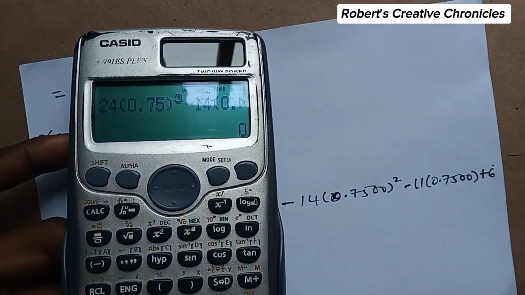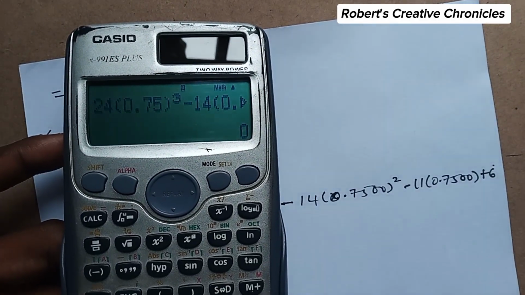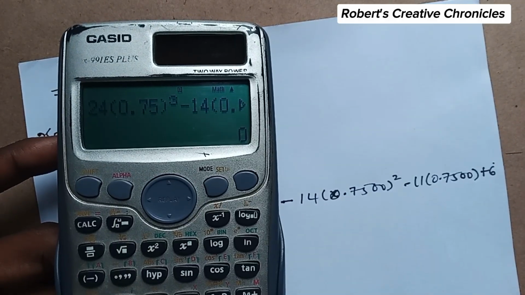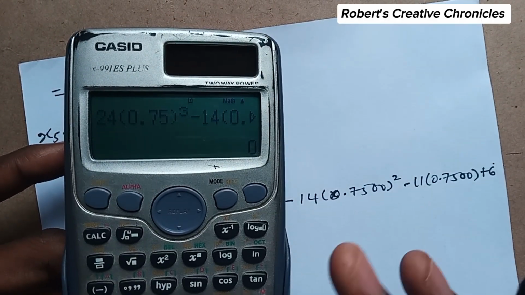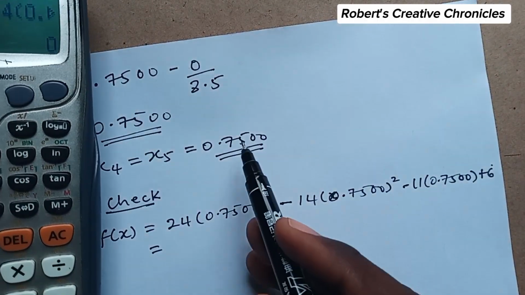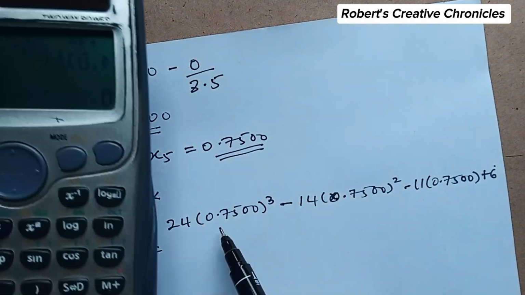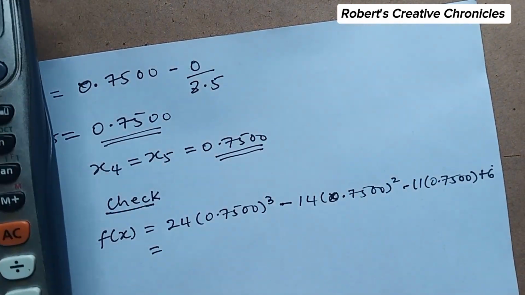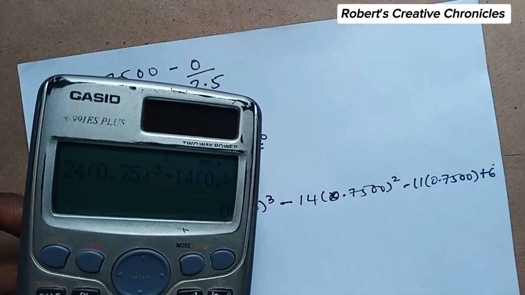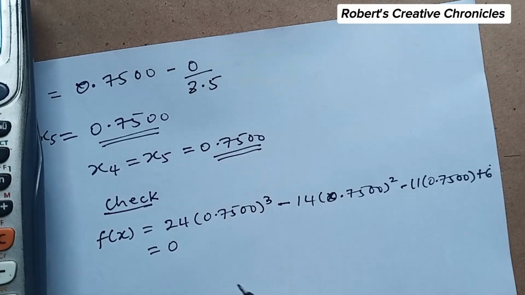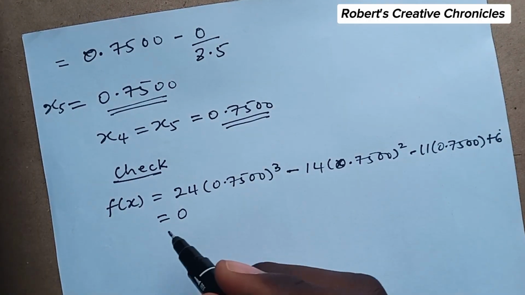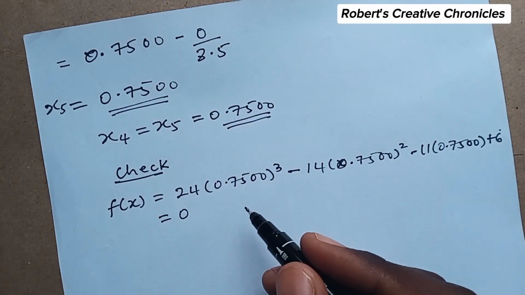This one gives me 0 on the dot. There are some that can give us 0 point something, and they are also correct, but this one is even perfect. That means it is the perfect root of this equation. Hence, this is a root of this equation and it satisfies this equation.